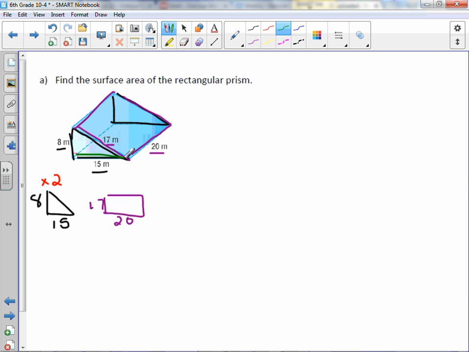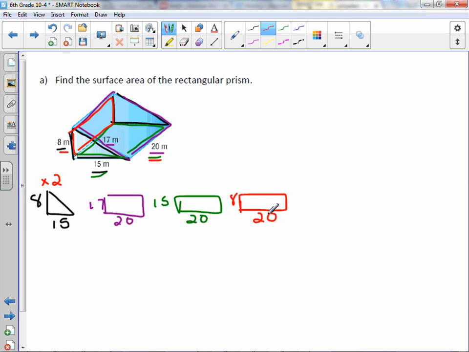The bottom rectangle is 15 and 20. And the back rectangle is 20 and 8. So none of the rectangles this time are the same.